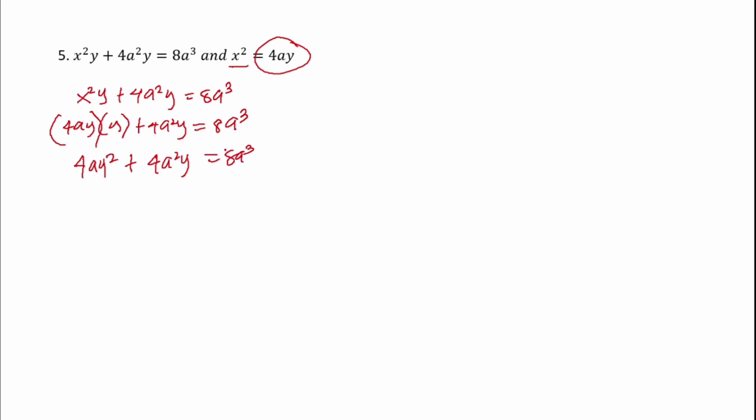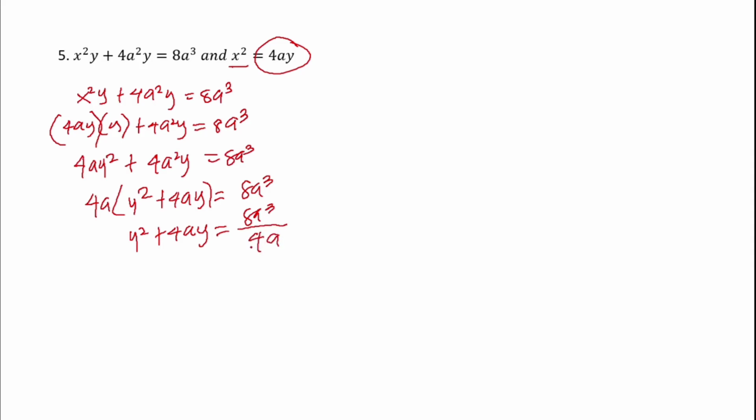Since we are going to find the value for y, first we factor out 4a. So y squared plus ay is equal to 8a cubed over 4a.